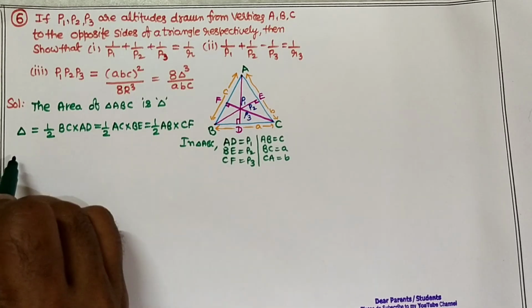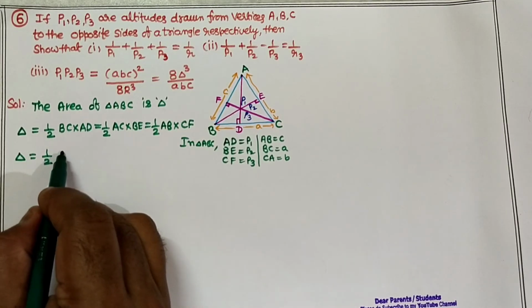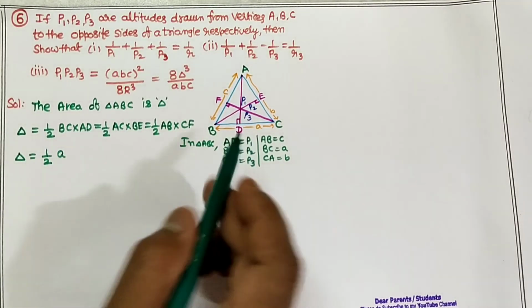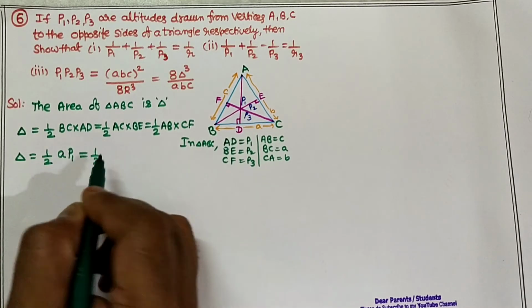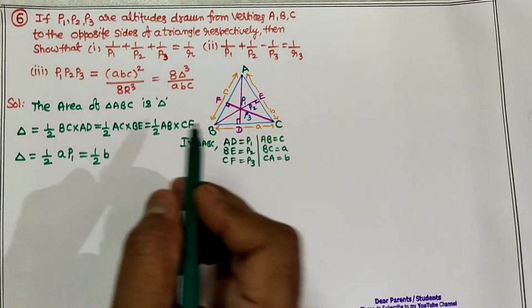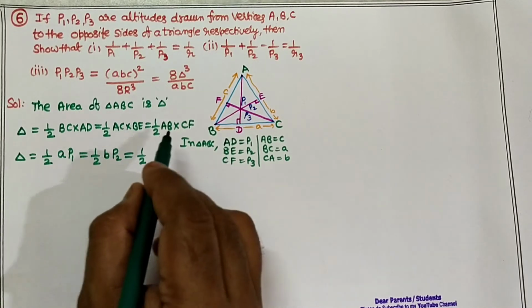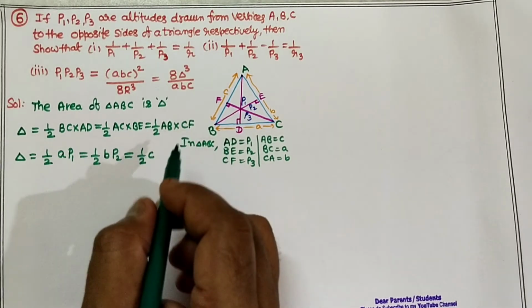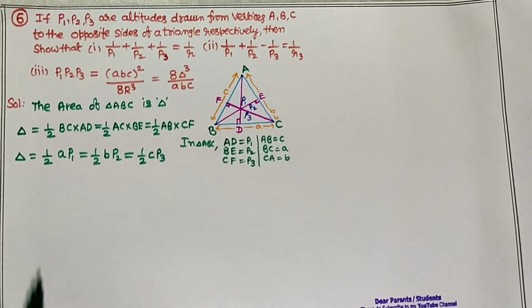Now the values we can substitute. Delta equals half into BC, which means small a, into AD, which means P1, which is equal to half into AC, which means small b, into BE, which means P2, which is equal to half into AB, which means small c, into CF, which means P3. So anyway, all are equal.